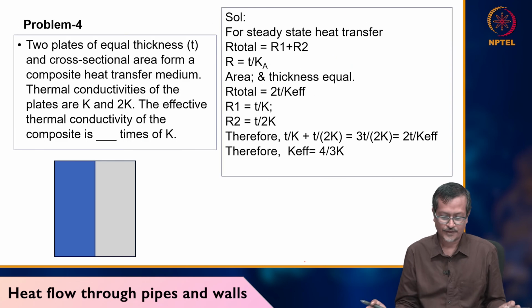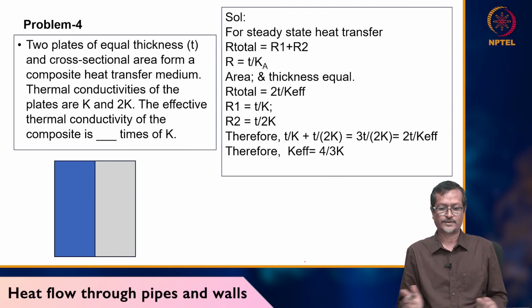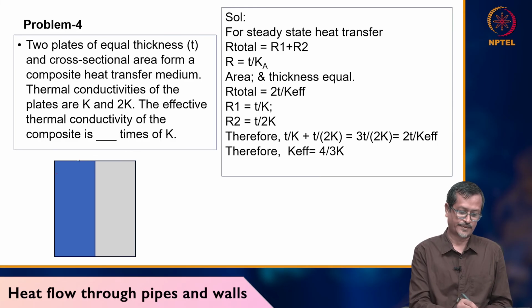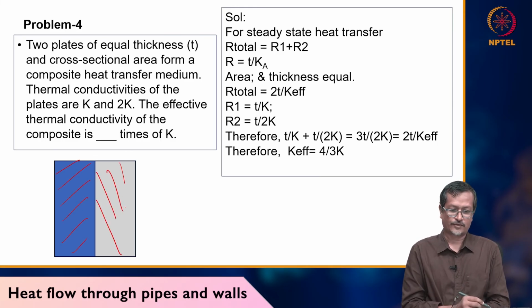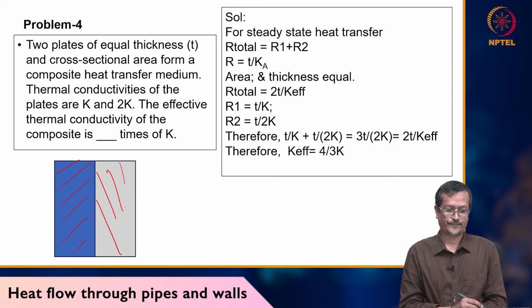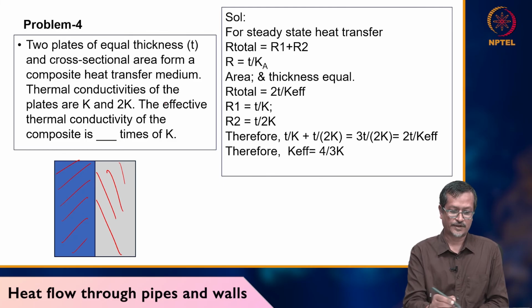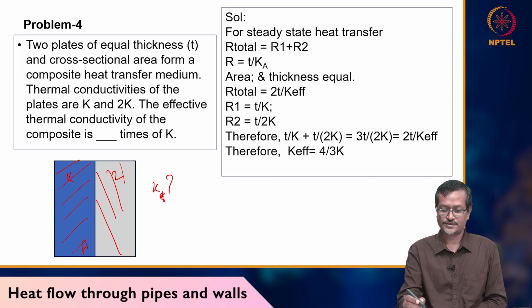Okay. Now you see a simpler problem: two plates of equal thickness, here one plate, another plate here, with the same cross-section area, forming a composite medium. Thermal conductivity K is 2K, area you can assume A. The effective thermal conductivity of the composite is, so you can see the formula, the steady state heat transfer total R1 plus R2.